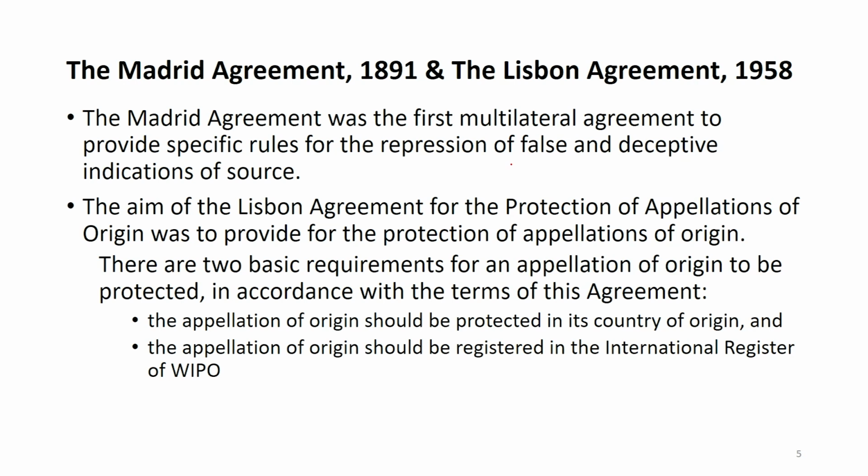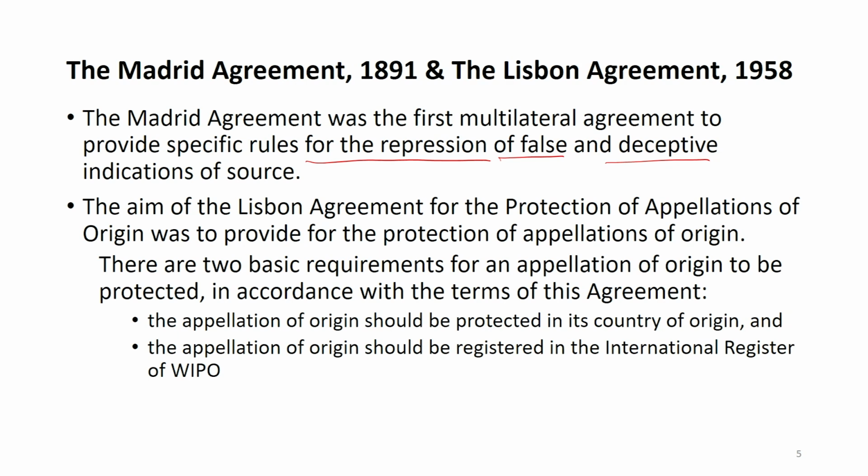We will talk about these words later on: false indication of source, deceptive indication of source, false GI, deceptive GI. The Lisbon Agreement also stands for protection of appellations of origin.